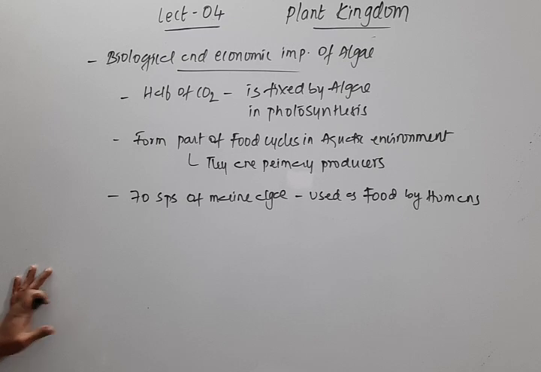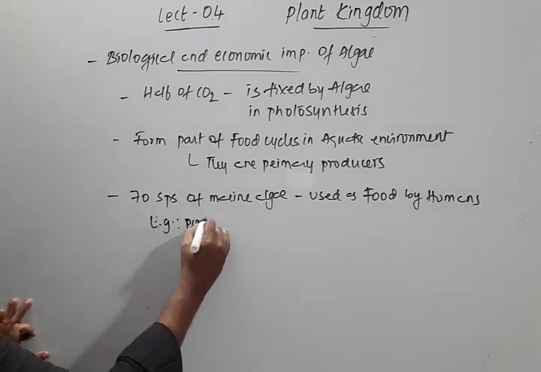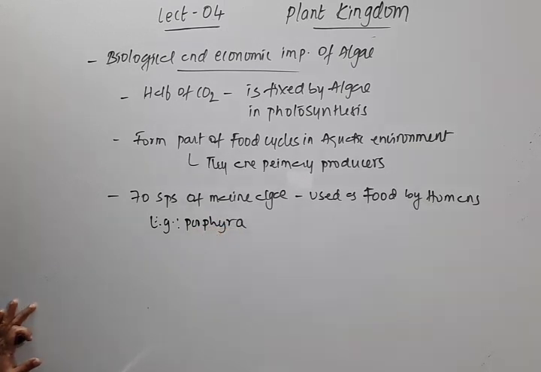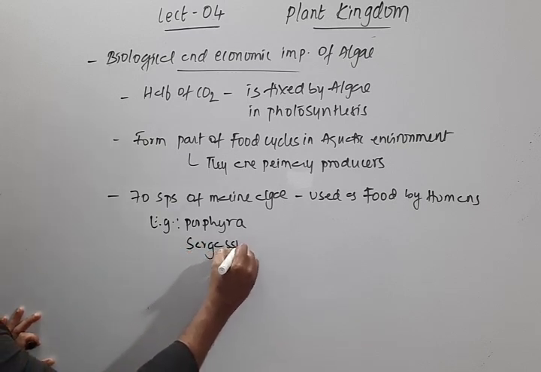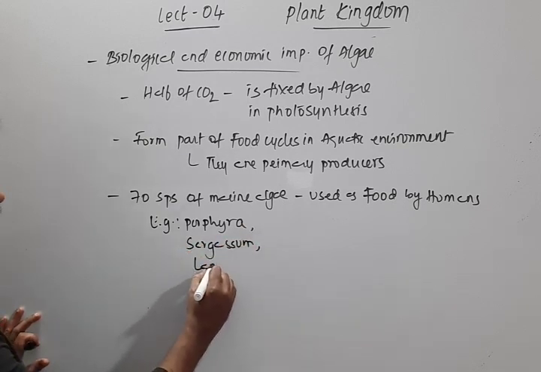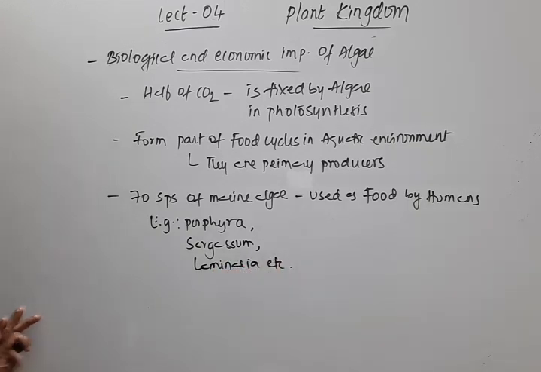For example Porphyra is used as food. Then Sargassum, Laminaria, etc. are used by humans as a source of food.